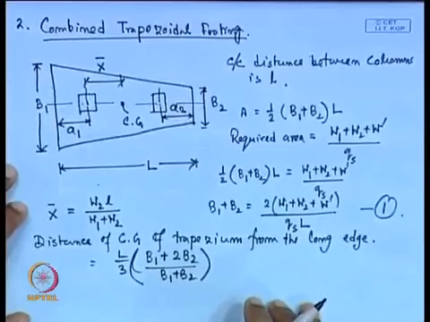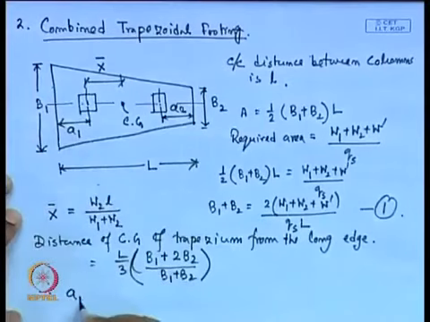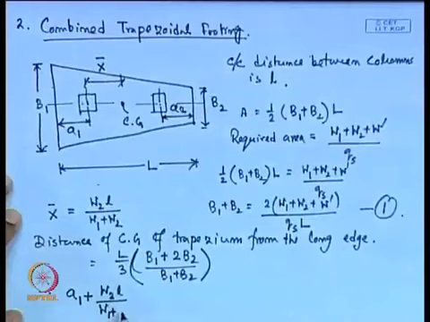This is the expression for the location of the CG from the long edge. So now, from this figure, A1 plus x bar is equal to W2 into L divided by W1 plus W2.